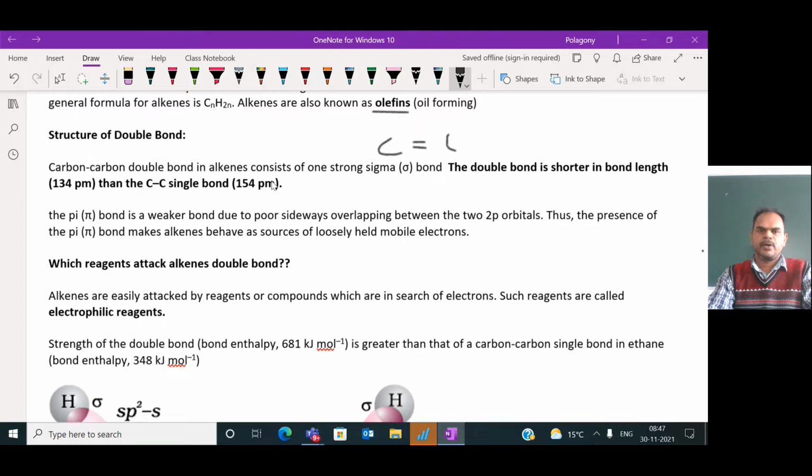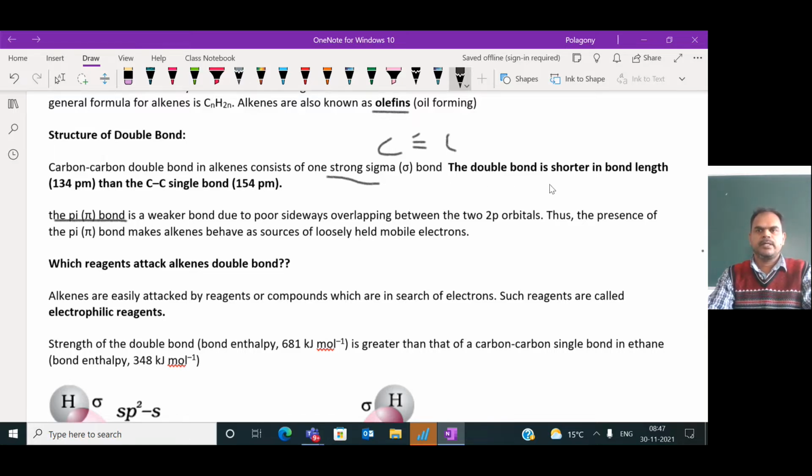The carbon-carbon double bond in alkenes consists of one strong sigma bond and one weak pi bond. If you look into the structure of the double bond between carbon and carbon, one is a sigma bond and the other one is a pi bond.